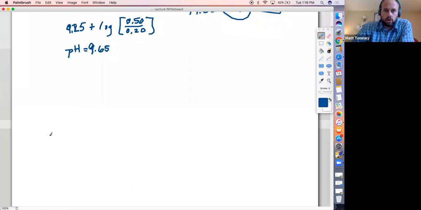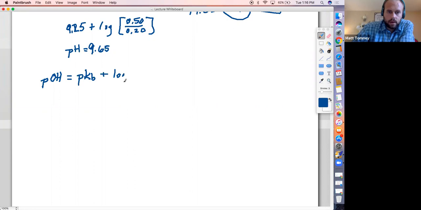However, there is an alternate version of the Henderson-Hasselbalch equation. Okay, now, this was not directly taught in class, but if you use your logic or you've seen it elsewhere, then you're welcome to use it. So the pOH can be equated to the pKb, all right? But you have to be careful here because it is plus the log.